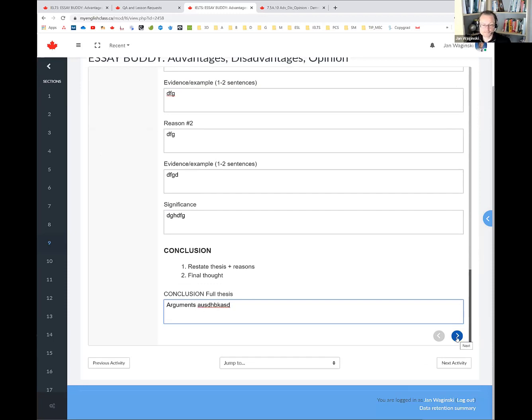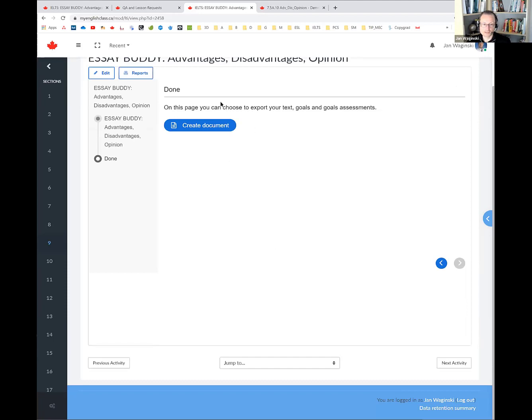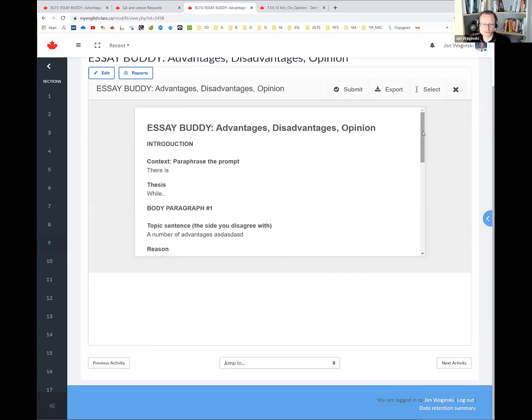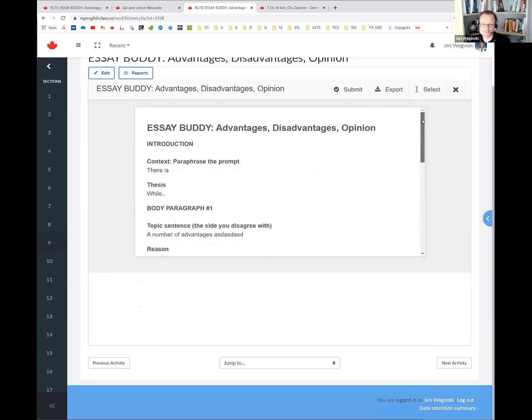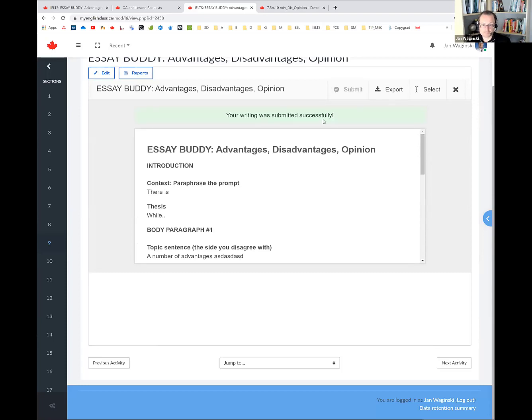Click the next arrow. And here it's going to put everything together. Everything that you typed in is going to be here. When you're done, just click Submit.